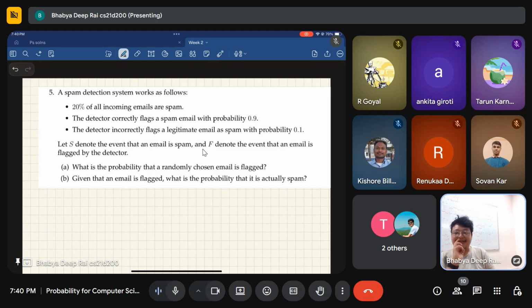The detector incorrectly flags a legitimate email as spam with probability 0.1. Let S denote the event that an email is spam, and F denote the event that the email is flagged by the detector as spam. What is the probability that a randomly chosen email is flagged?